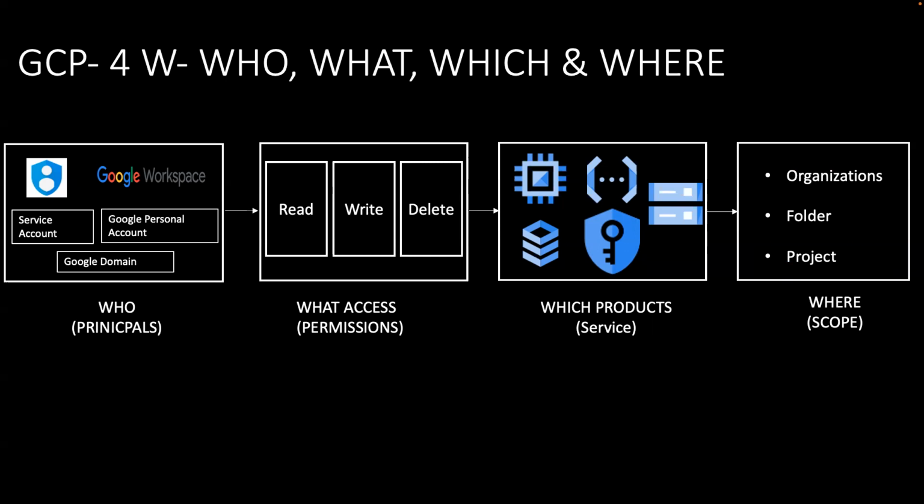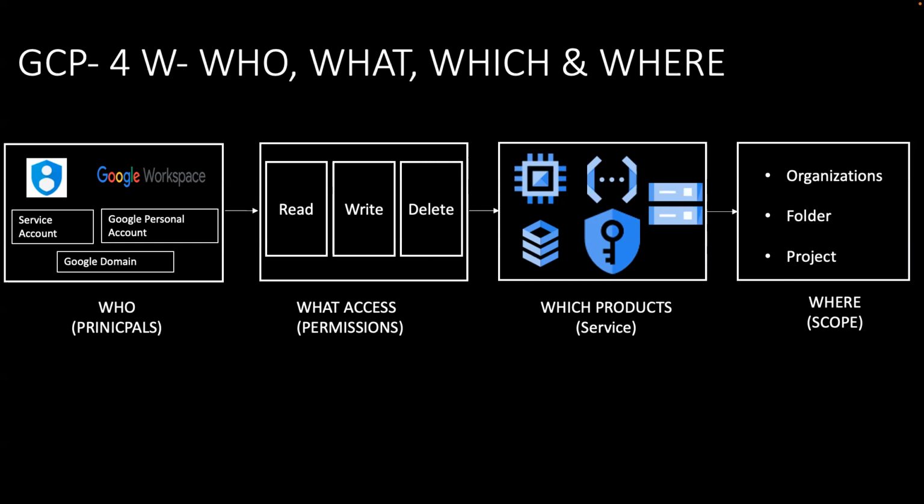Again, when we talk about the identities, your identities can exist in Google Workspace or Google Identity. So primarily your users and groups. And then you will have a service account. Generally your service account will exist in one of your GCP projects.